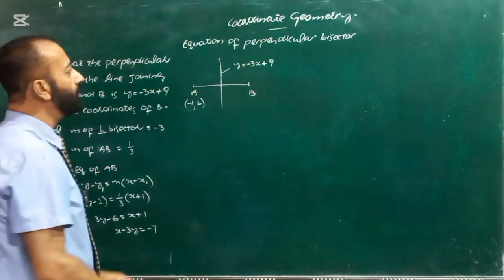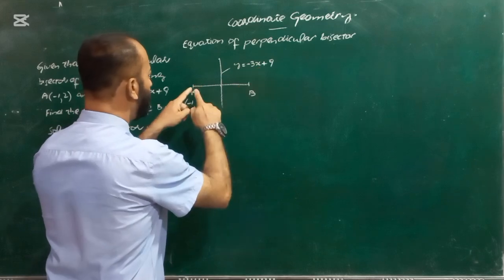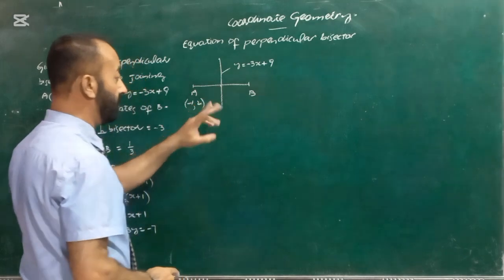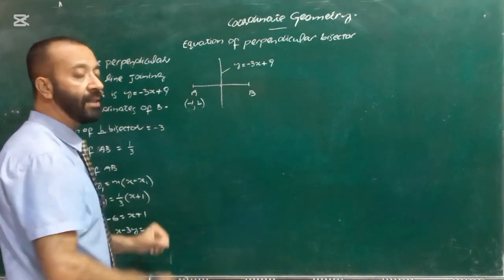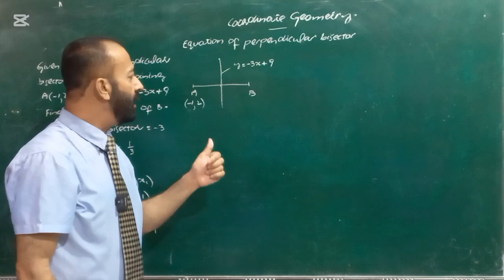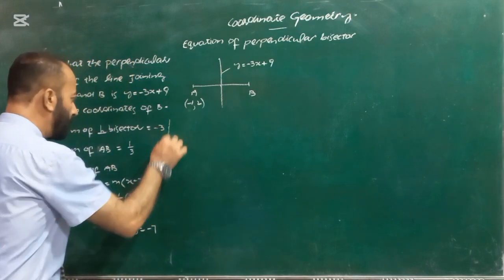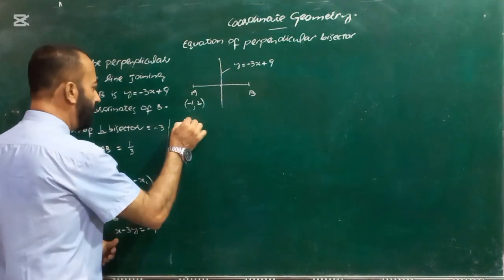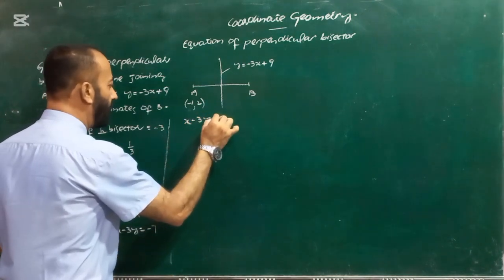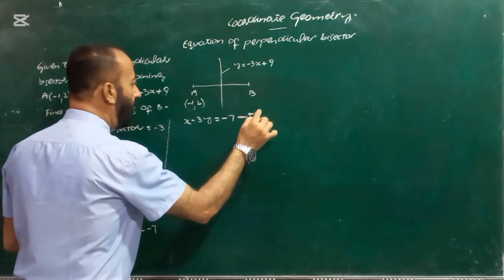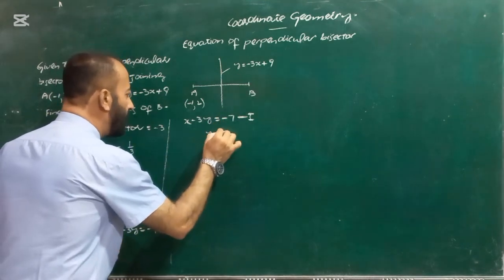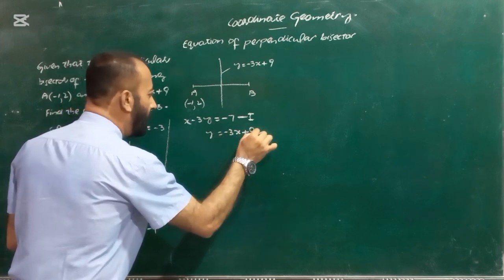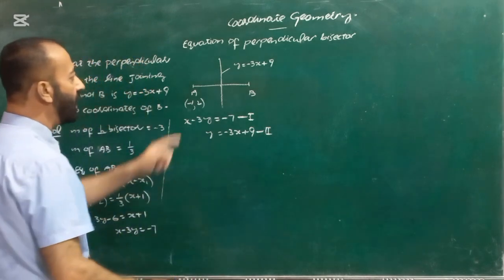Okay, concentrate now. Because this line and this line AB are intersecting each other at the midpoint, first we will find the intersection point, and that intersection point will be the midpoint. So look now. Here is one equation, that is x minus 3y is equal to minus 7. And here is the second equation, y is equal to minus 3x plus 9. So these are two equations which are intersecting at the midpoint.